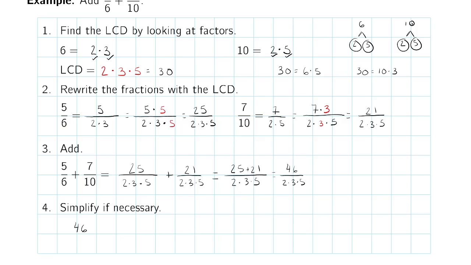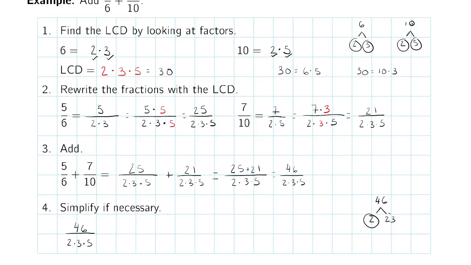I've got 46 over 2 times 3 times 5. My denominator is still factored. I just need to factor my numerator. So I've got 46. Well, 2 goes into that. That's 2 times 23. 23, I can go through and try dividing by all of my small primes.